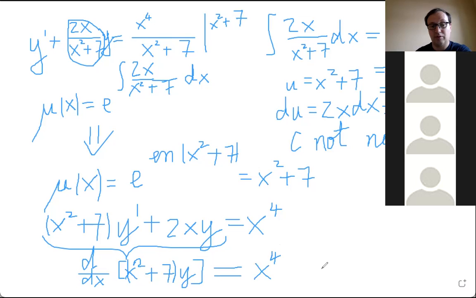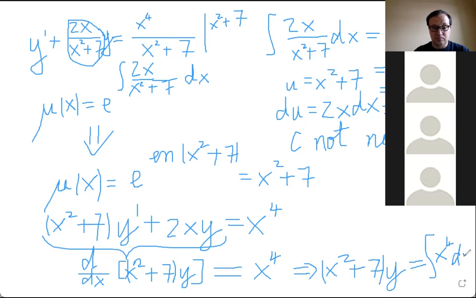And now we integrate both sides. We get that x squared plus 7 times y is equal to the antiderivative of x to the fourth, which is of course x to the 5th over 5 plus a constant.